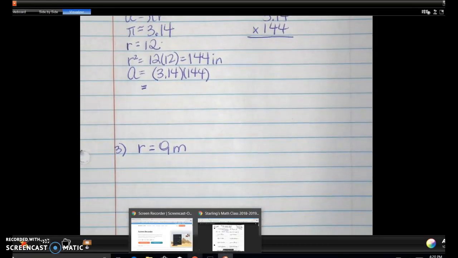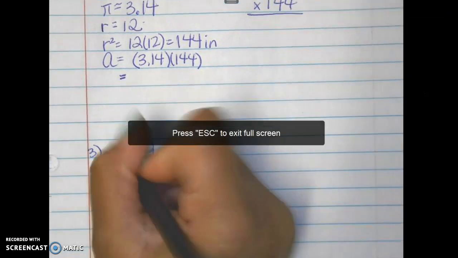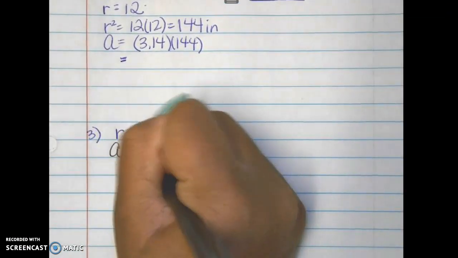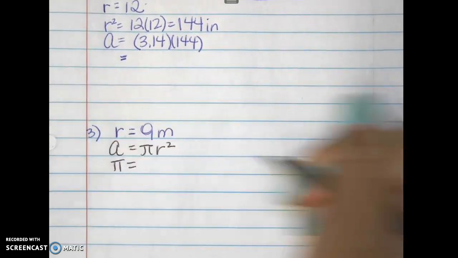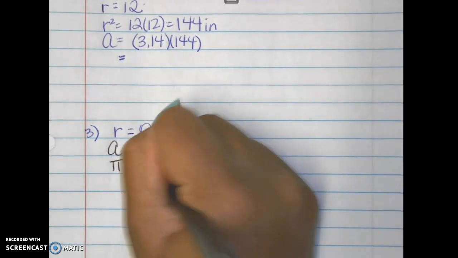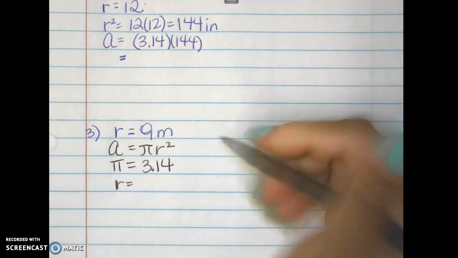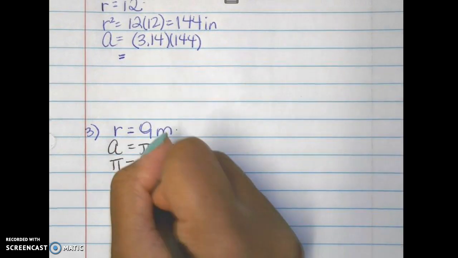So for question 3, my radius is 9. First, I need to write my formula. Area equals pi r squared. What's pi equal to? 3.14. What's r equal to? Oh, 9.